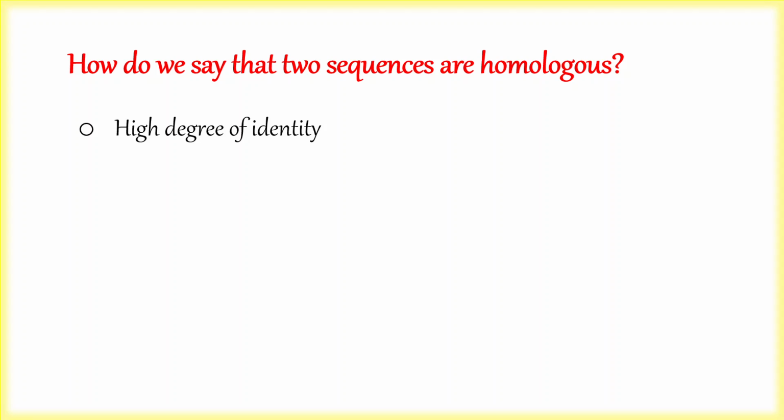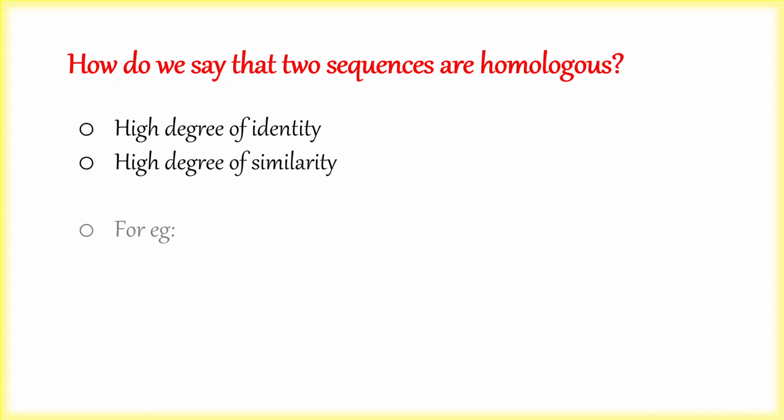The first one is the sequences having a high degree of identity. And the second quantitative measurement is that the sequences have a high degree of similarity also, right? So the quantitative identity and the quantitative similarity between two sequences is what we measure to conclude whether these two sequences are homologous or not.